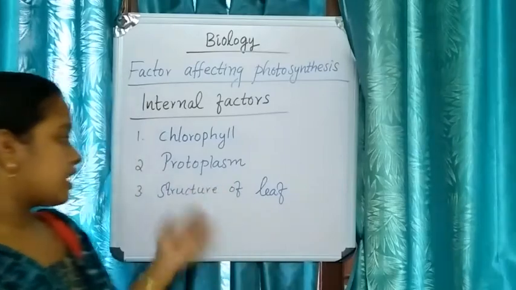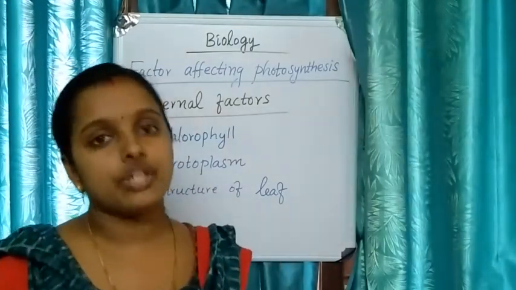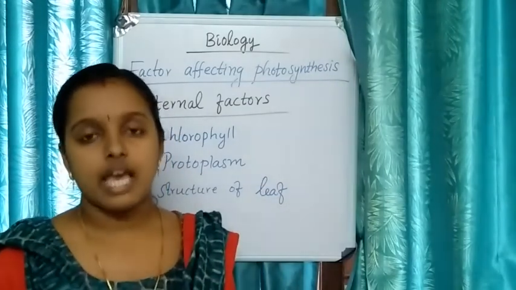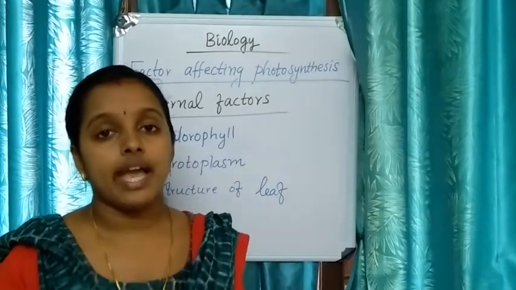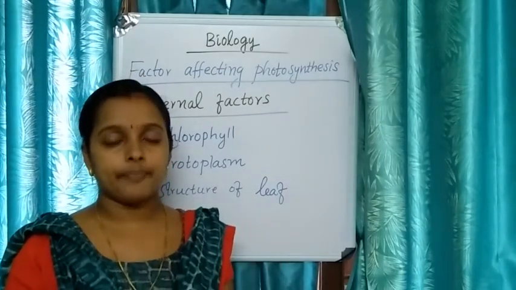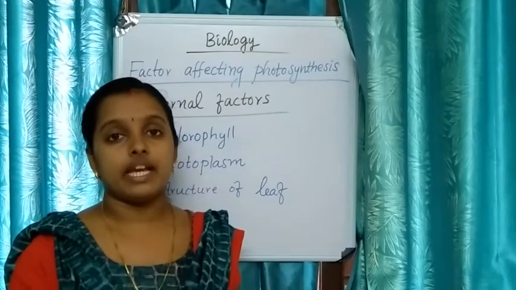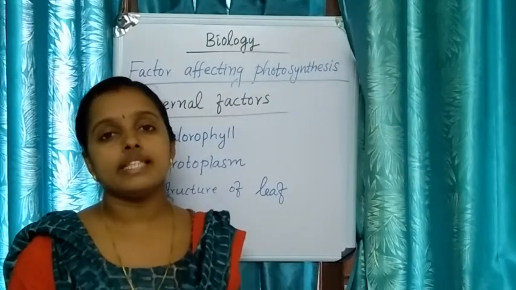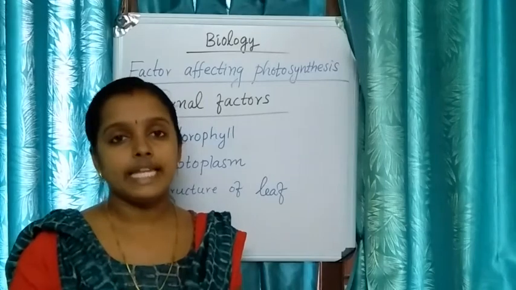Next one is structure of leaf. While discussing the adaptation of leaves for photosynthesis, we already discussed this. The surface area of the leaf, the arrangement of stomata, the thinness of the leaf, the structure of the leaf, the arrangement of the leaf, all these things are important for the effective functioning of the leaf.